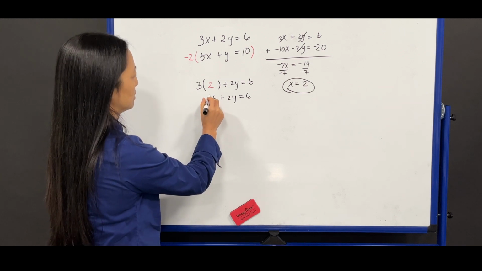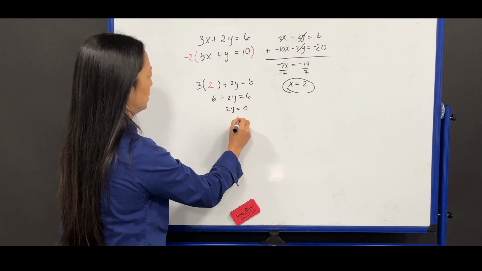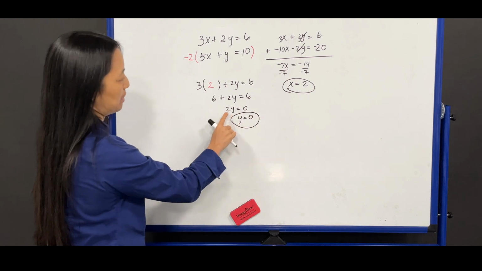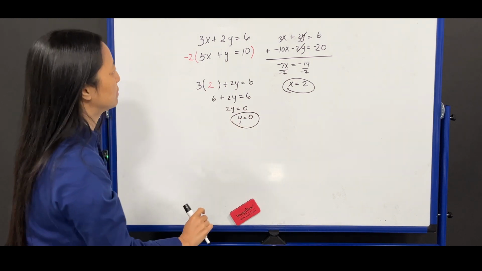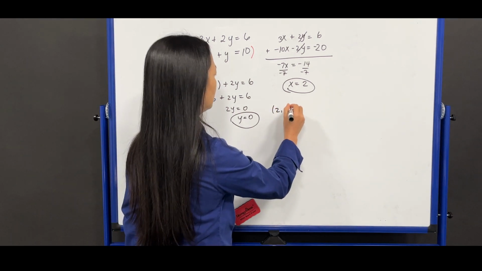We're going to subtract 6 on both sides, so we get 2y is equal to 0, and we get y is equal to 0. So when we divide by 2, 0 divided by anything is going to give us 0. And you can write this as an ordered pair 2, 0.